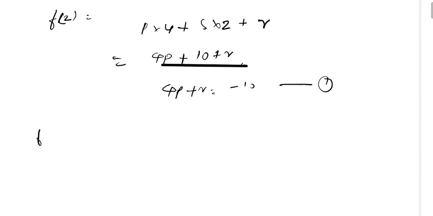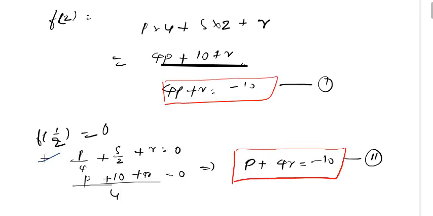Same here, f of 1 by 2, when you calculate and equate to 0, how much will you get? You get p by 4 plus 5 by 2 plus r equal to 0. Directly I have written. Okay, you have to do the sum.